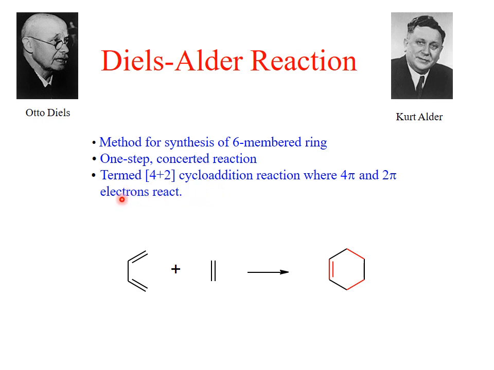Therefore, this reaction is called a 4+2 cycloaddition reaction. As a result of the reaction of the diene with the dienophile, a cyclic product is obtained.